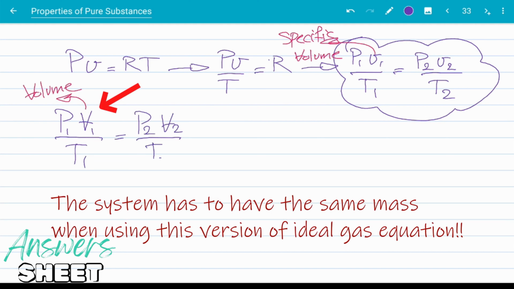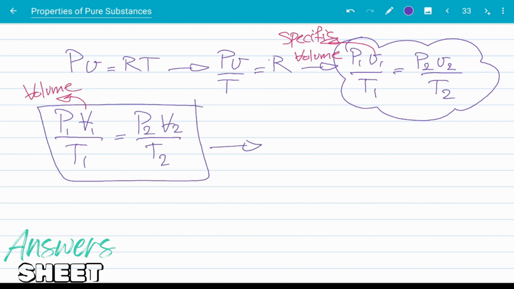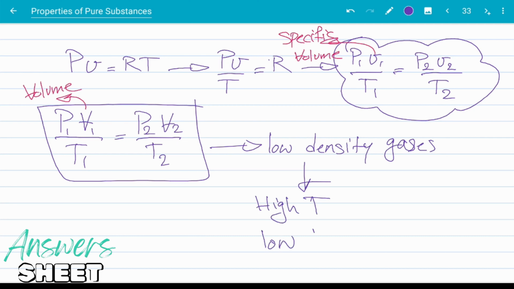As I said, the ideal gas equation gives us very good results when dealing with low density gases, meaning usually high temperatures and low pressures. In these situations, the ideal gas equation is very good and very accurate.